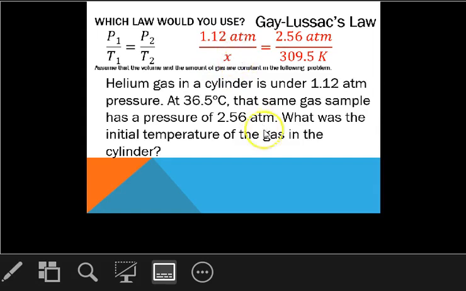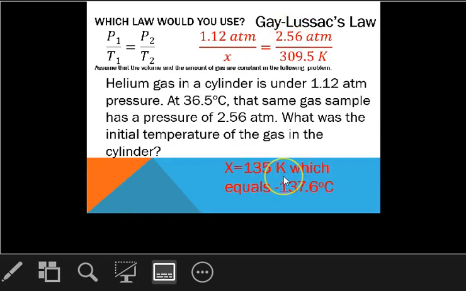Okay, so you have to make sure you put the numbers together that go together. Remember, as always, take the path that you have both of the numbers. So that's 1.21 times 309.5 divided by the path that has the x on it, your variable. So divided by 2.56. And your answer comes out to 135 Kelvin.